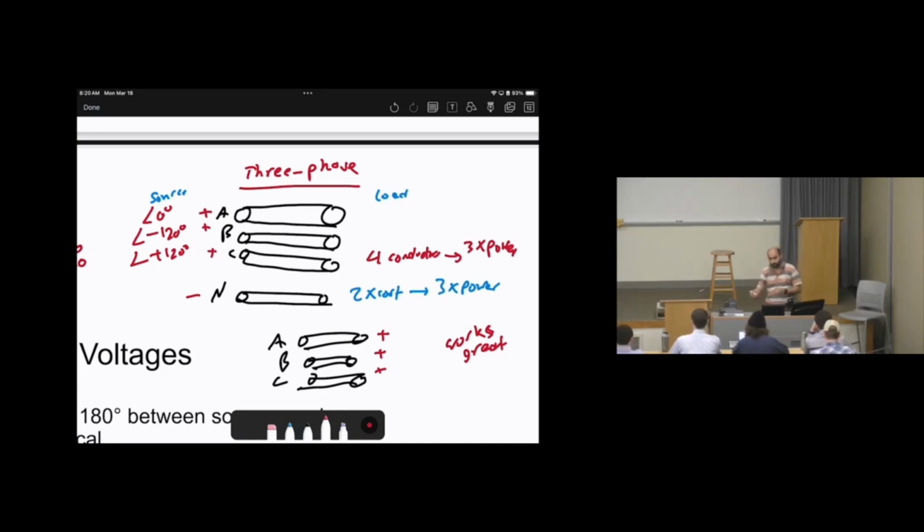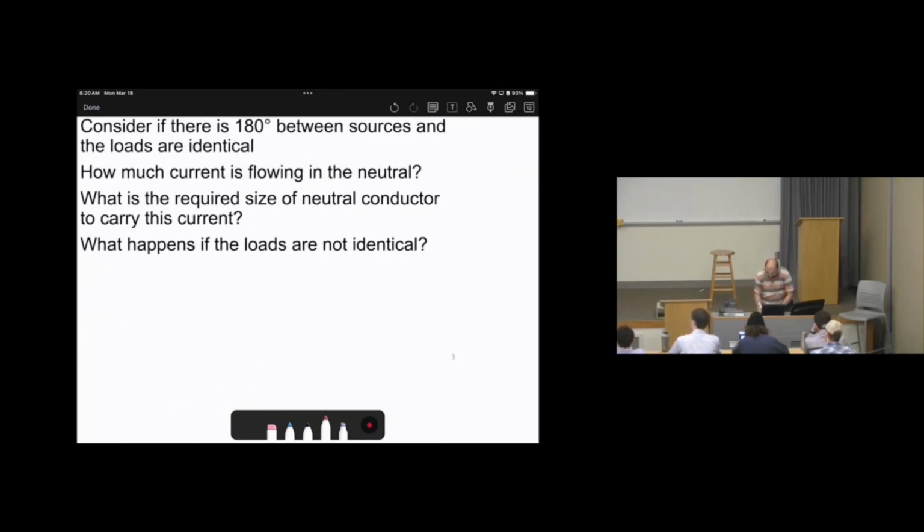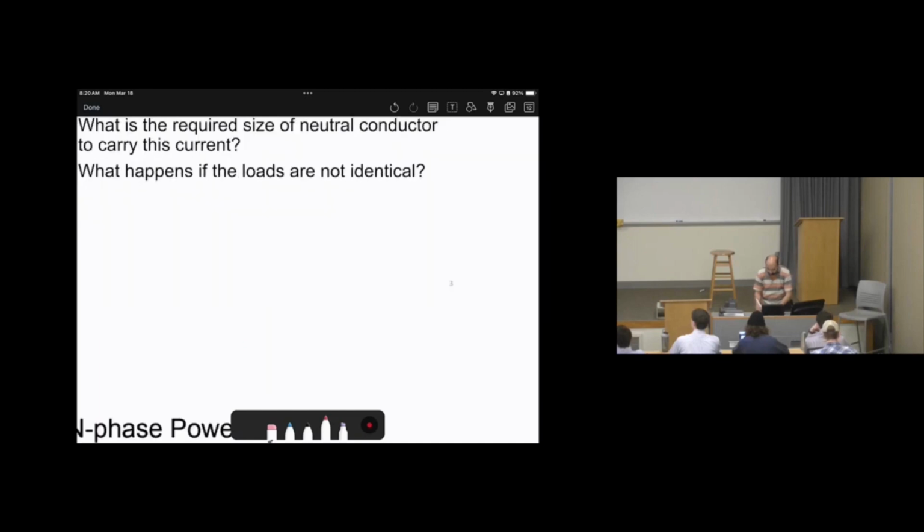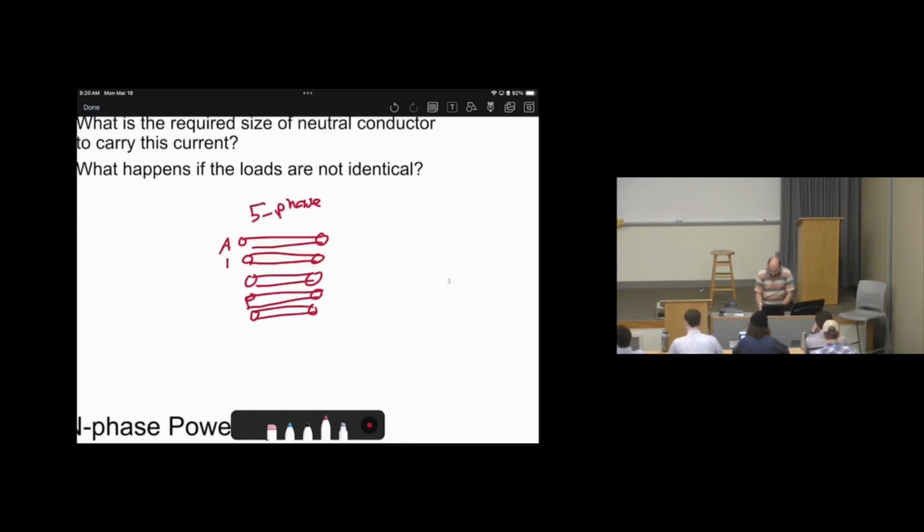Again, we prefer to use odd numbers: 5-phase, 7-phase, 9-phase, etc. So we have 5 phases, and with 5 phases we will have 5 conductors, phases A, B, C, D, E. Then we have the neutral, and the phase shift is 360 divided by 5, so you can determine the phase shift between each one.